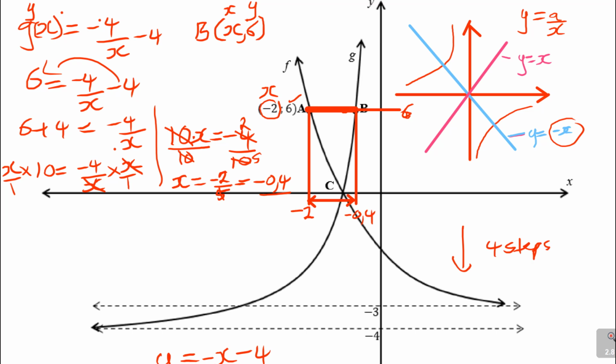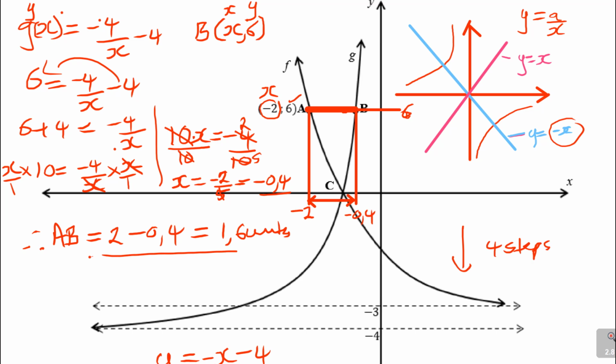And distance is not negative, distance is positive. So you can just ignore the negative signs. So if they say, what is the distance AB? You can say AB is equal to, just ignore the negatives, it's the same as saying 2 minus 0.4, which is equal to what? Use a calculator, it is 1.6 units.